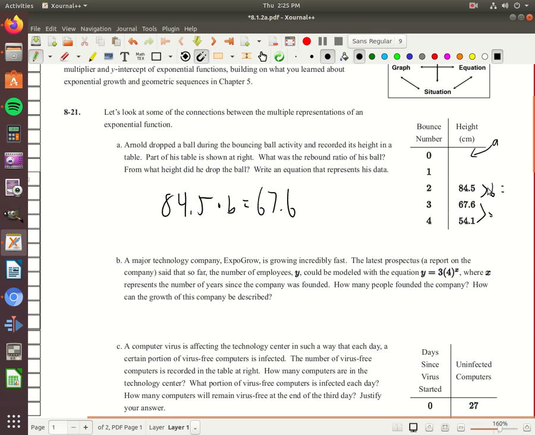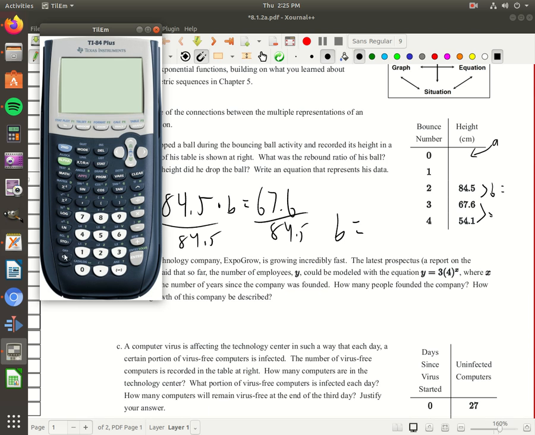And this simple little algebraic equation allows us to make sure that we know we're dividing the right term by the right term. So b is going to equal whatever 67.6 divided by 84.5 is, and I am going to get 0.8.